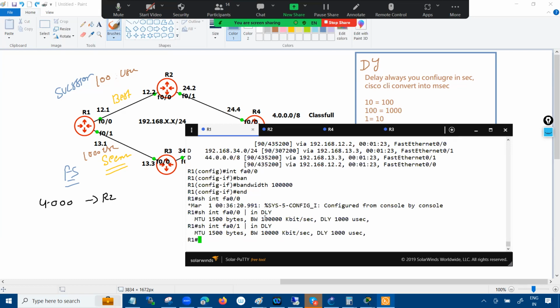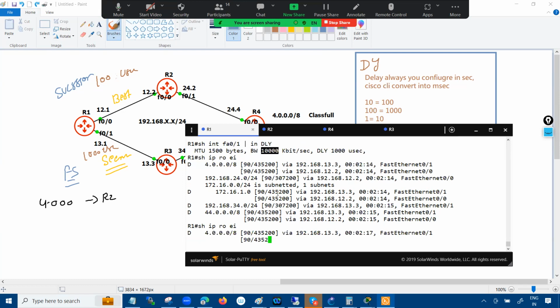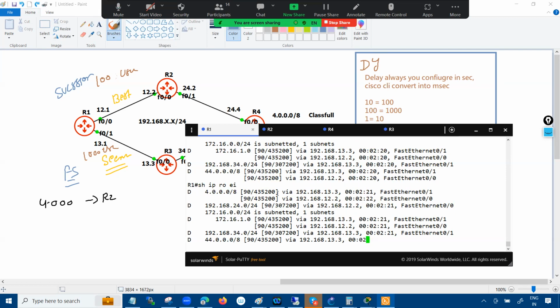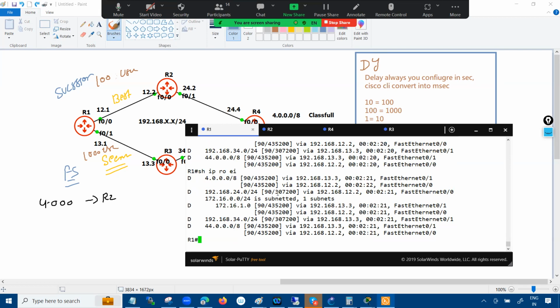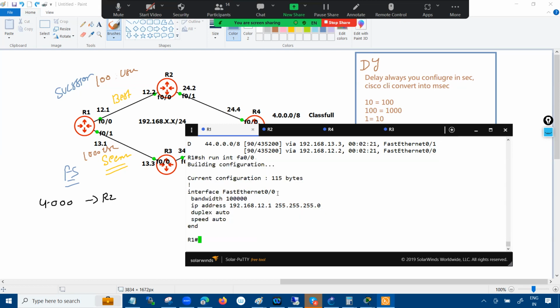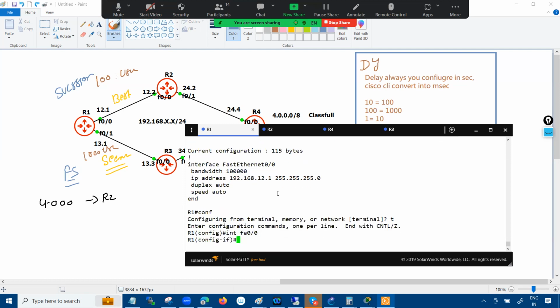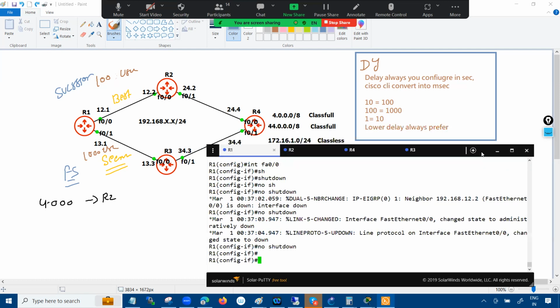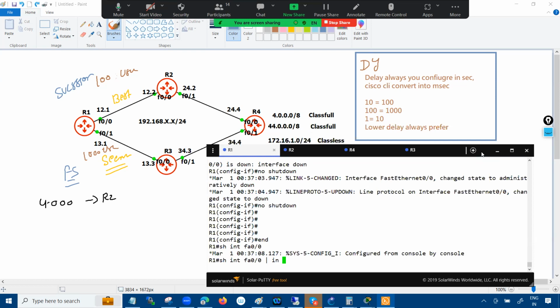If you see, it is 1 lakh right now, and the other is just 10,000. Then show IP route EIGRP, shut down, no shut down on interface 0/0.